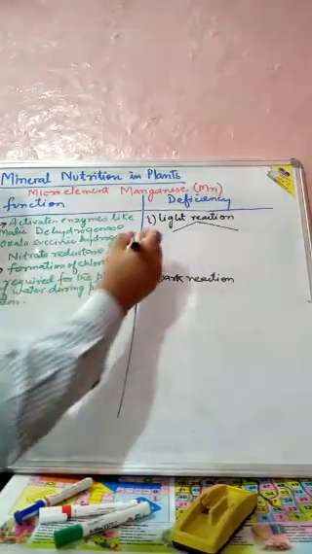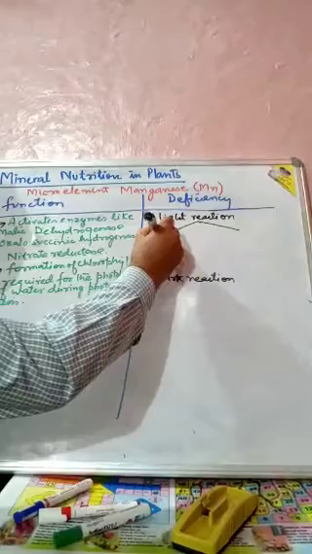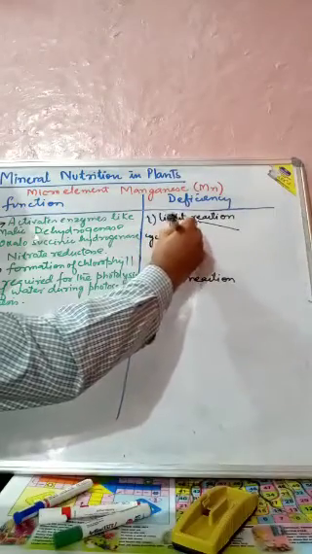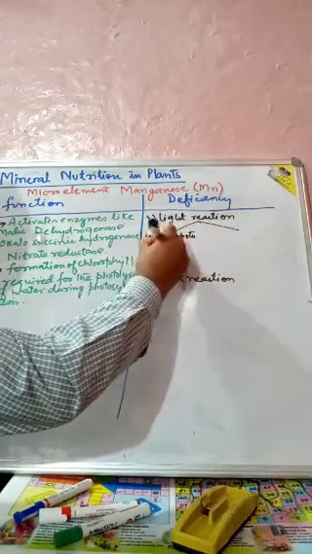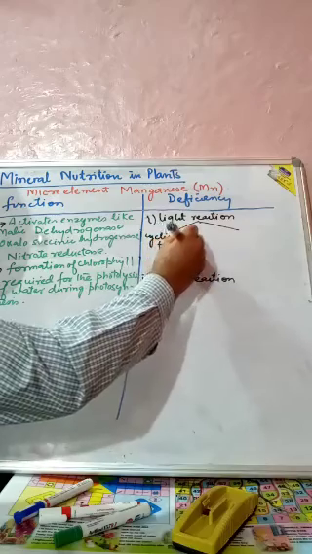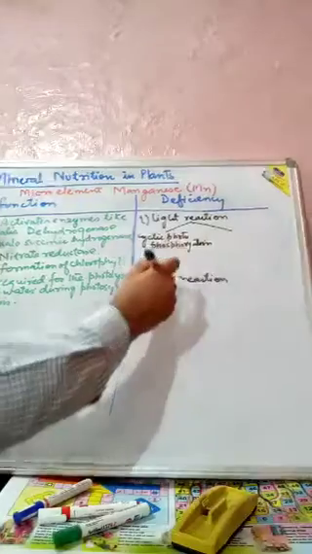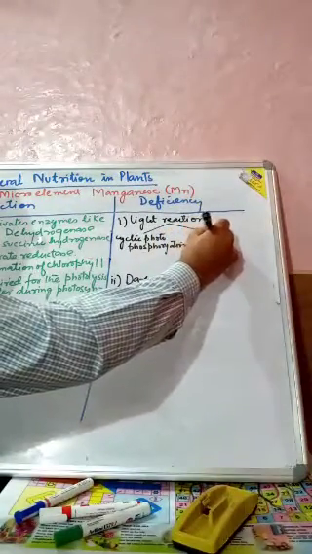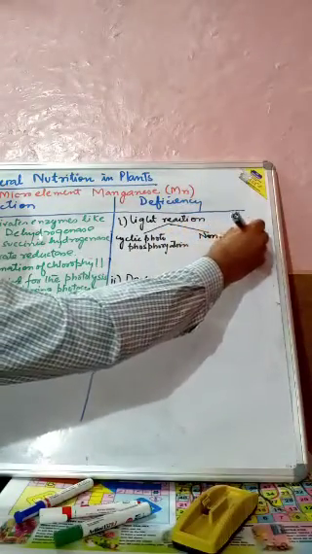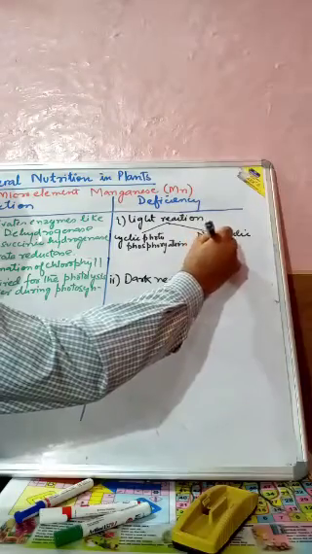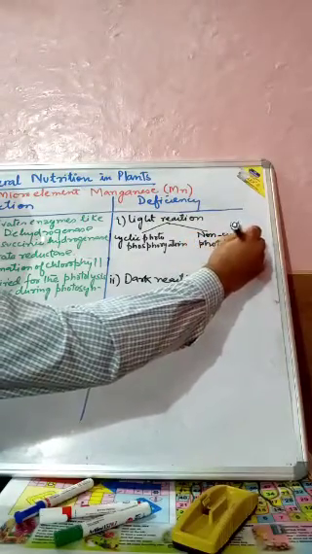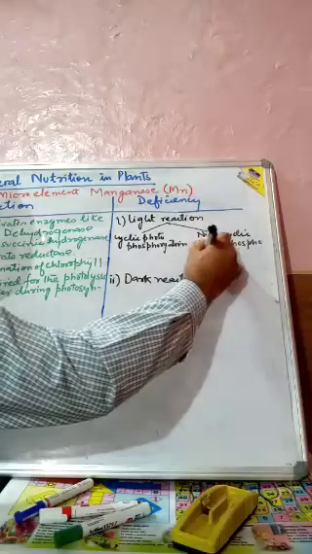First is cyclic photophosphorylation, and second is non-cyclic photophosphorylation.